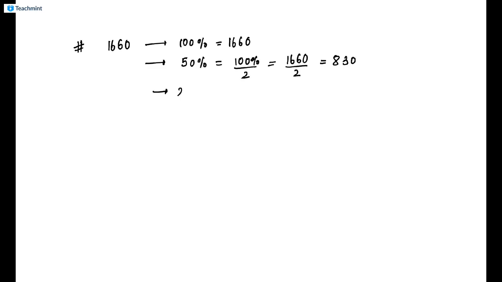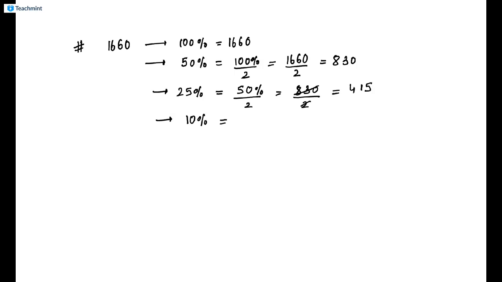What is the 25%? For 25% we will just take the fourth of 100%, or take 50% divided by 2. 50% value is 830, divided by 2, it is 415.